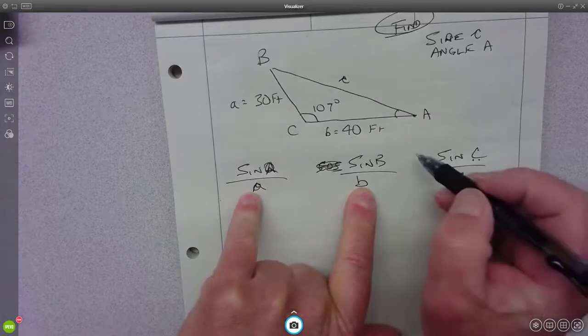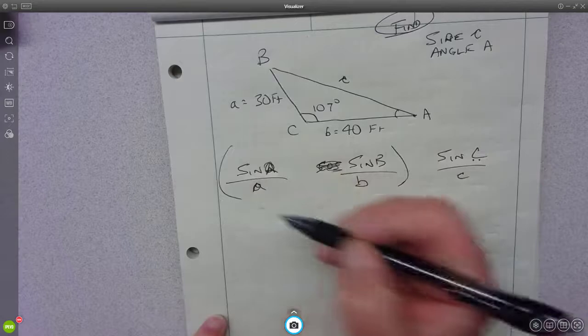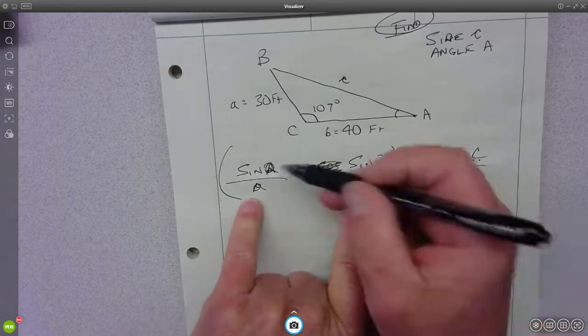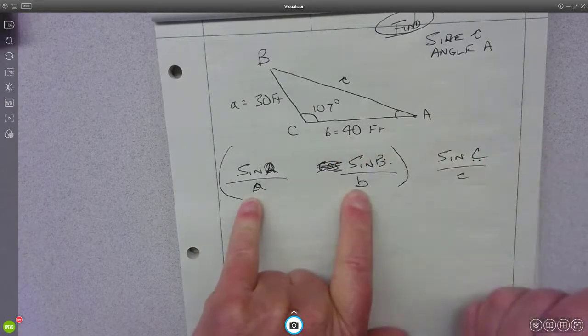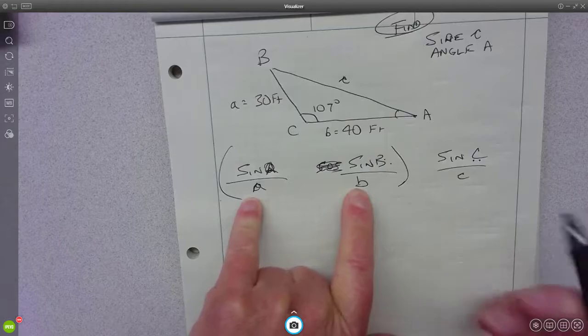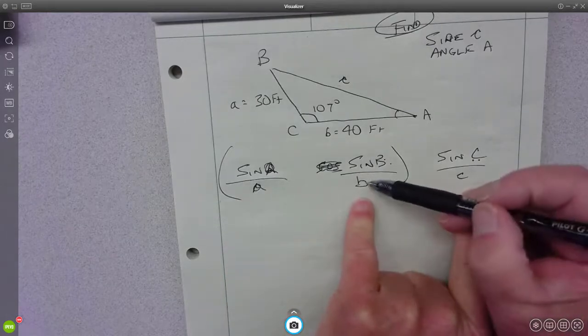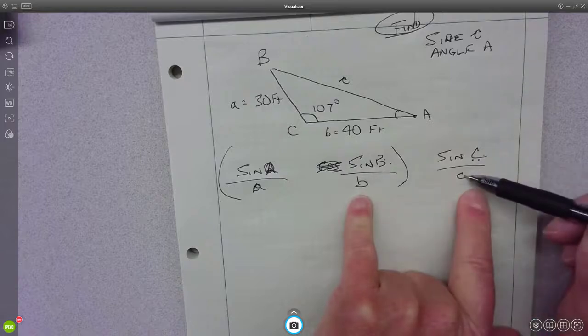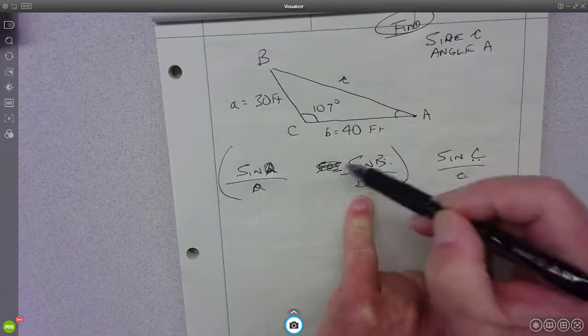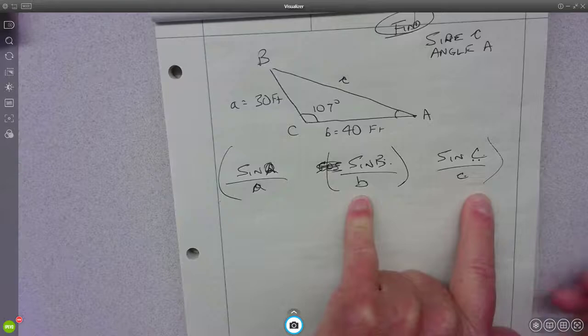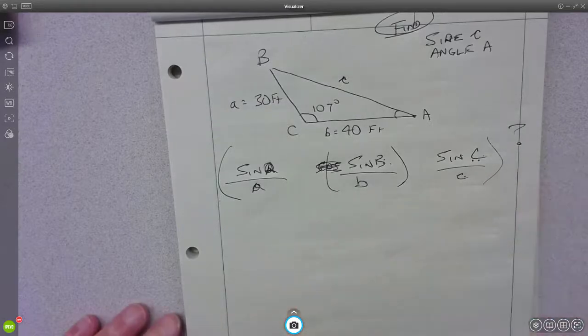But we can only use 2 of these at a time. So if I try to use these 2, I know those 2, I have 2 unknowns. Right? So then if I go, oh, I want to use these 2, I know that, and that, I don't know that, and I don't know that. So trying to use those 2 doesn't work.